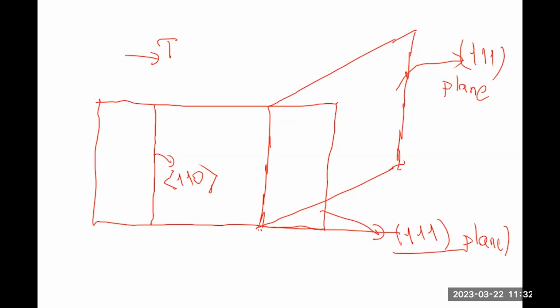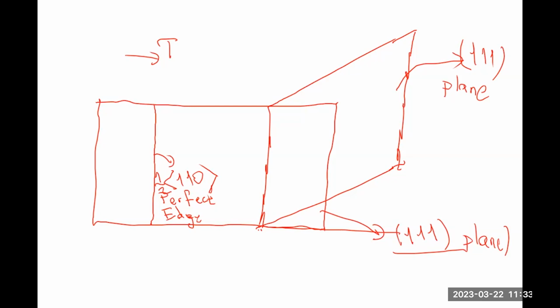So the original one is a perfect edge, 1/2 110. Kaan, what will happen? Actually, energy will increase, I think. Okay.